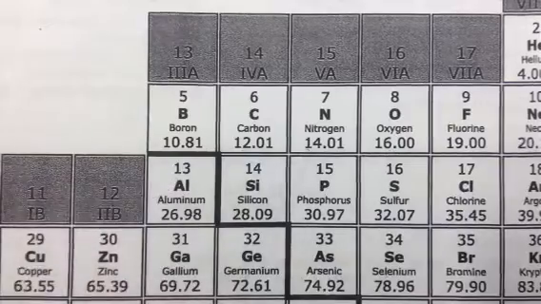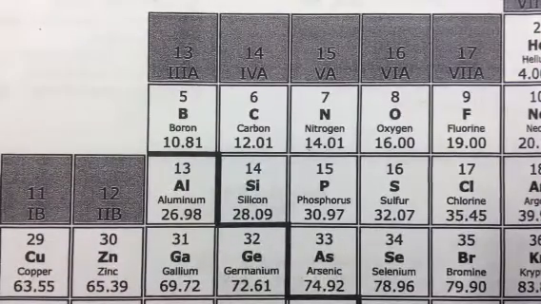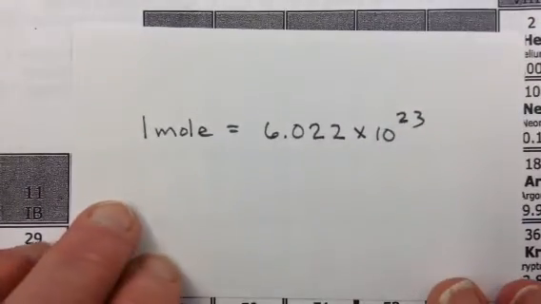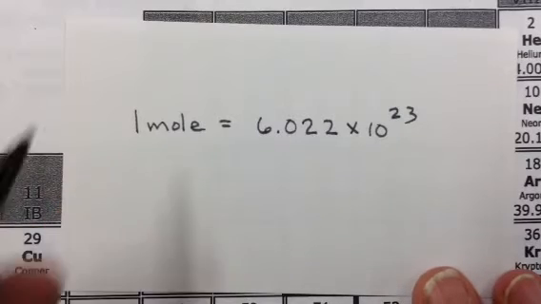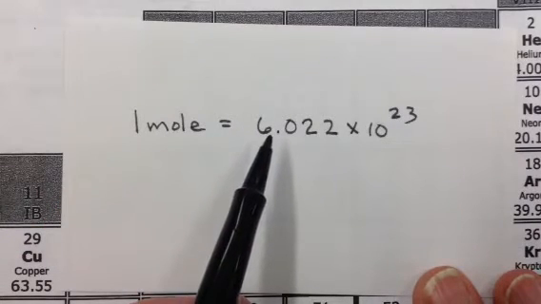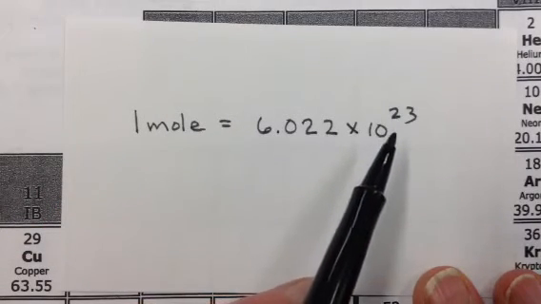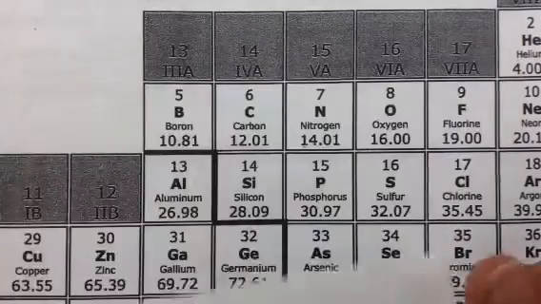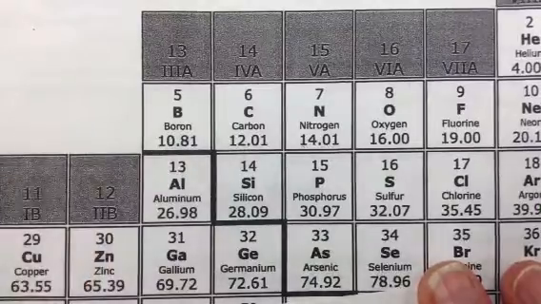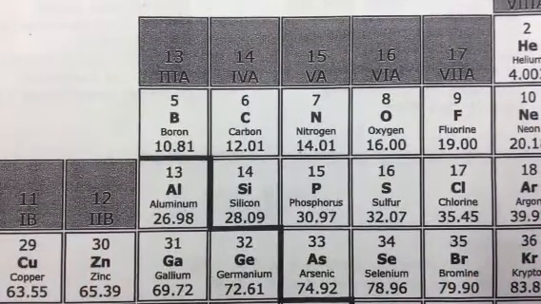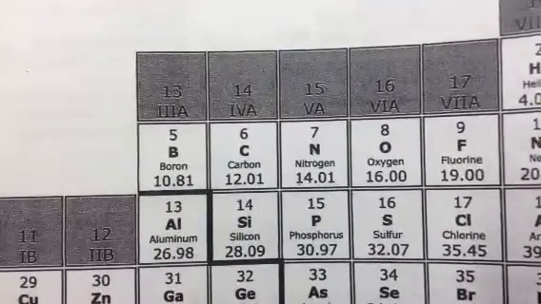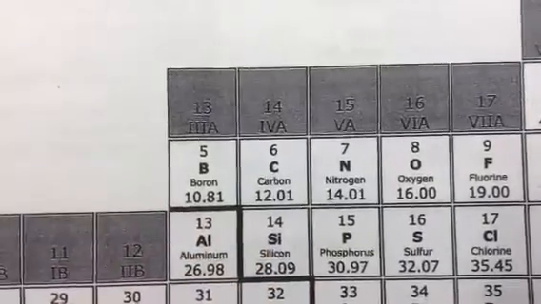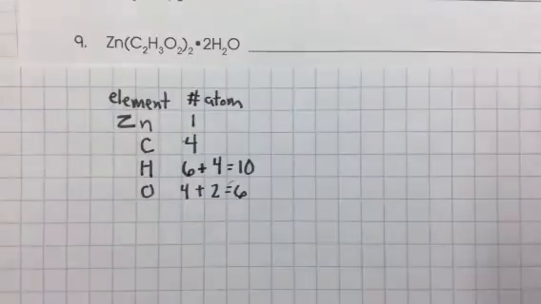So, if you think about it this way, 1 mole of carbon has 6.022 times 10 to the 23 atoms, and the mass of that amount is 12.01. So what we need to do is we need to find our atomic mass for each of the elements.